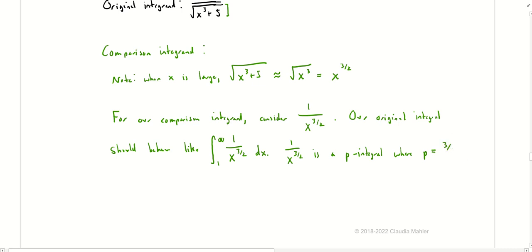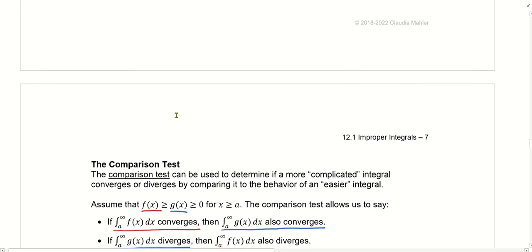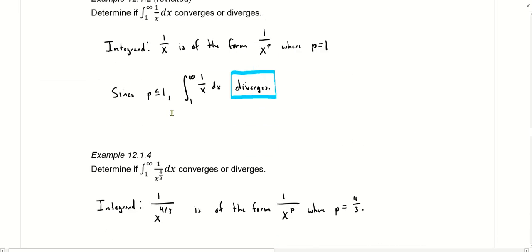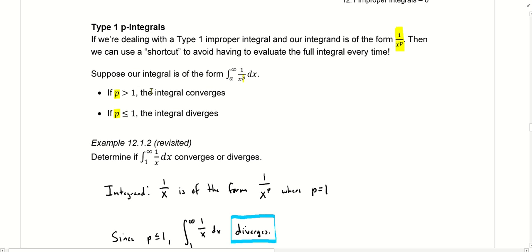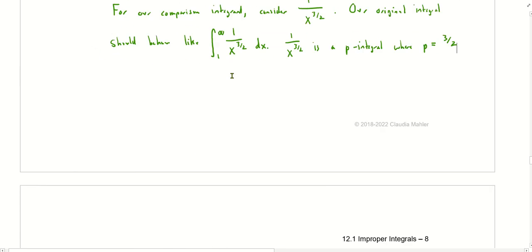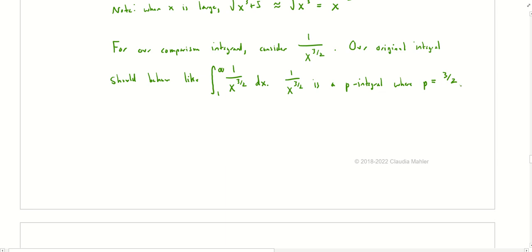And what does that allow me to say? Well, if p is 3/2, notice that's greater than 1. That tells me that this integral is going to converge over this region. So I can say the integral from 1 to infinity of 1 over x to the 3/2 converges.